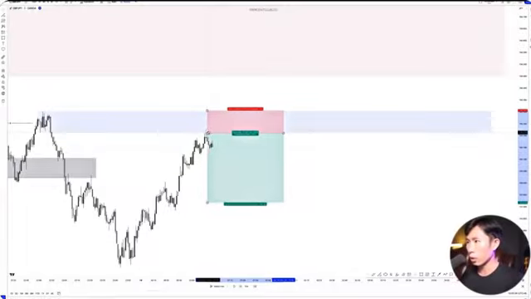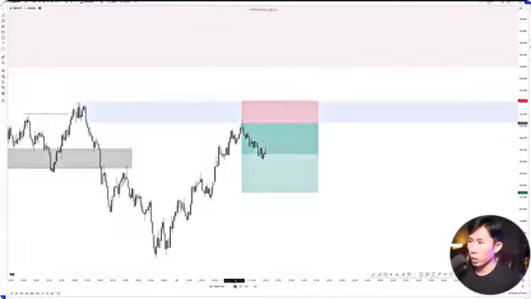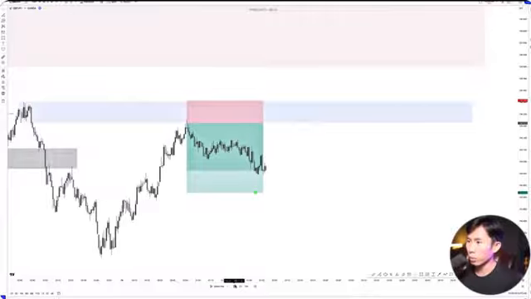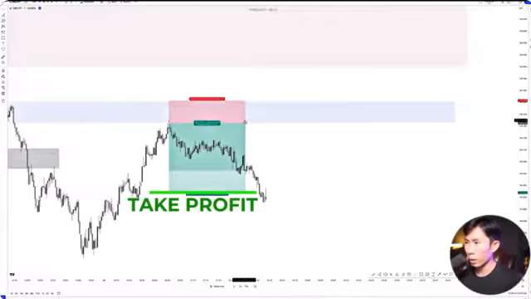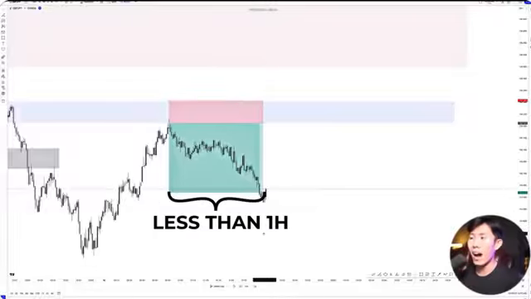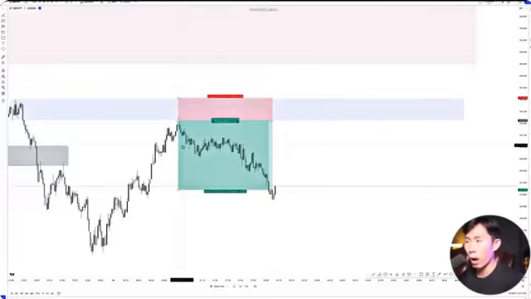Price taps us into the trade right there. You can see this is how we really get those sniper entries. Price goes down and eventually goes all the way down to our TP. You can see this happened in less than an hour, and we managed to take profit and get out of there.